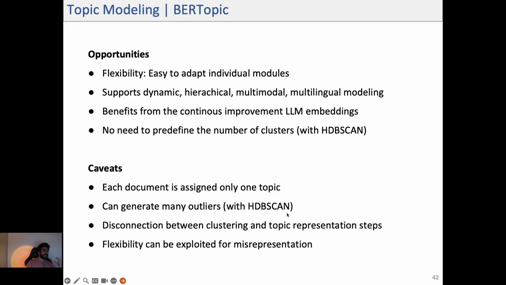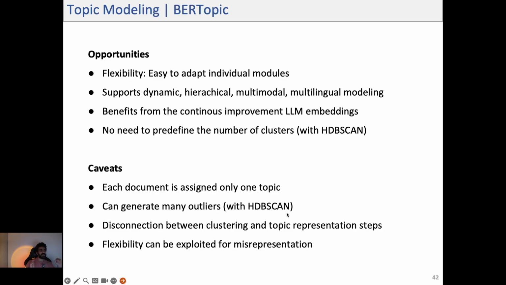HDBSCAN can label many points as outliers. We said that a couple of slides ago, right? So this leads to those points being excluded from the topic assignment, and this can affect your coverage.